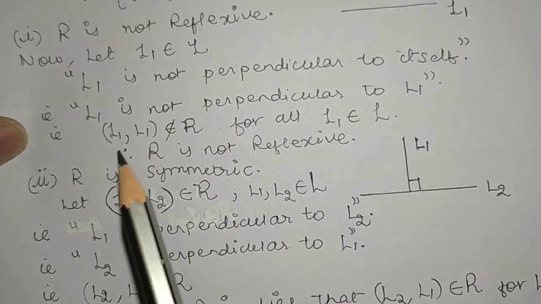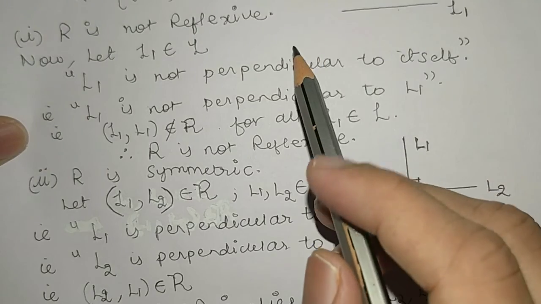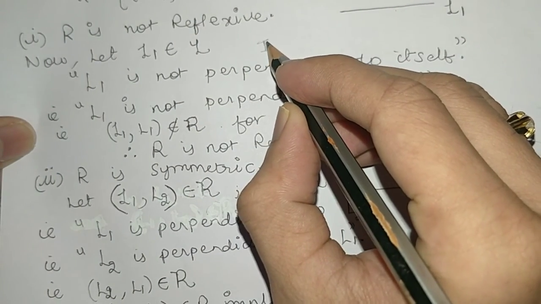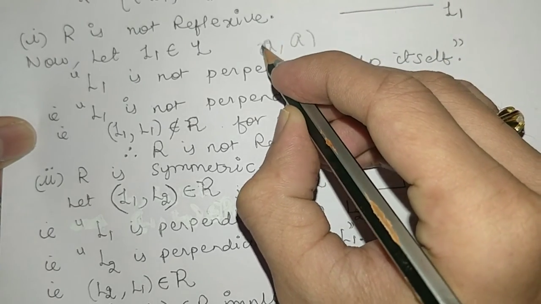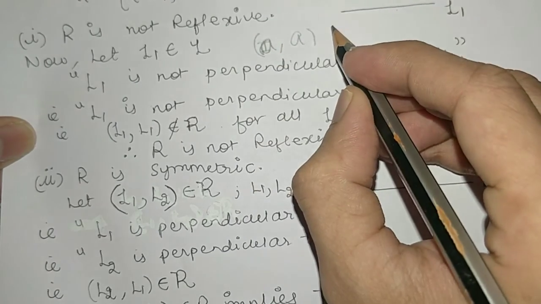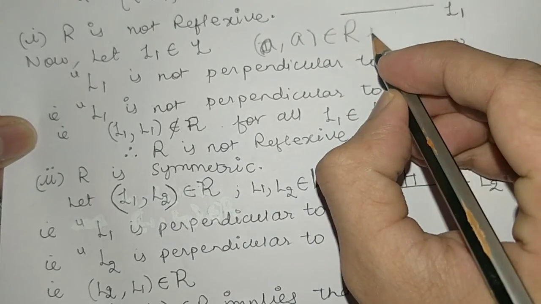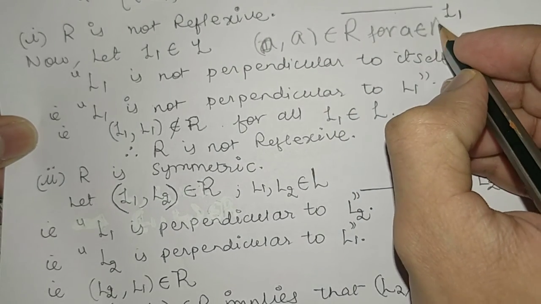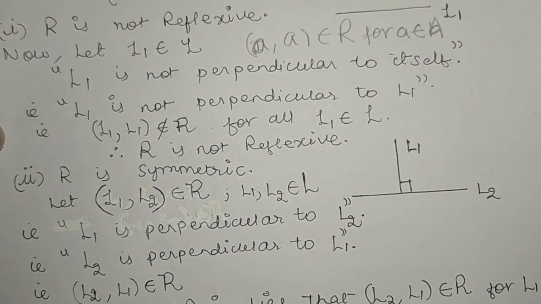In reflexive, you have to prove that (A, A) belongs to the set R for all A belonging to the set A. This is the definition of a reflexive relation.